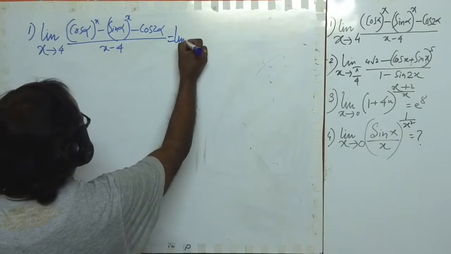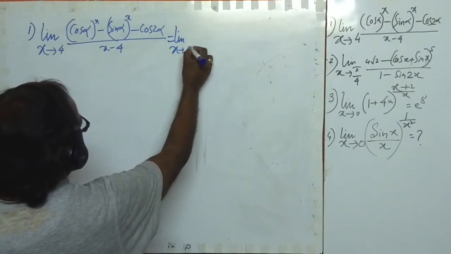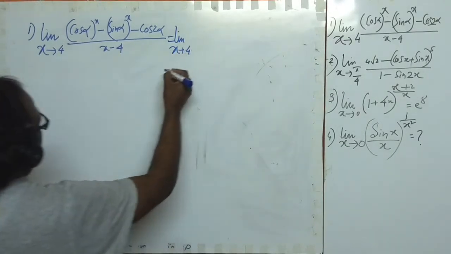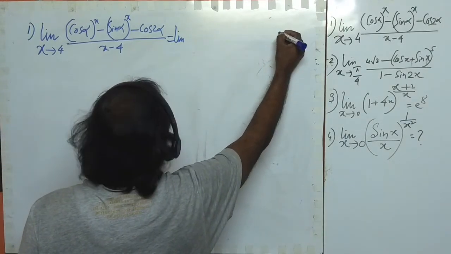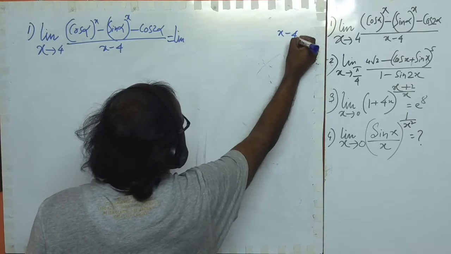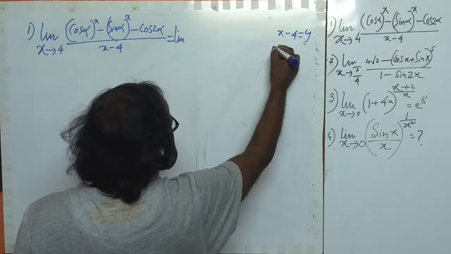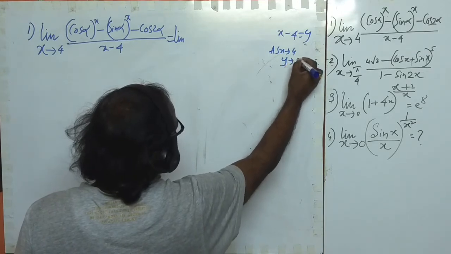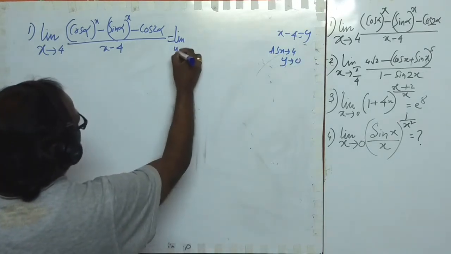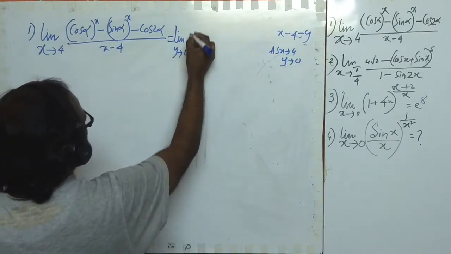Limit x tends to 4. Now, I have taken the assumption x minus 4 as y. As x tends to 4, therefore y tends to 0 here. So we can write limit y tends to 0.